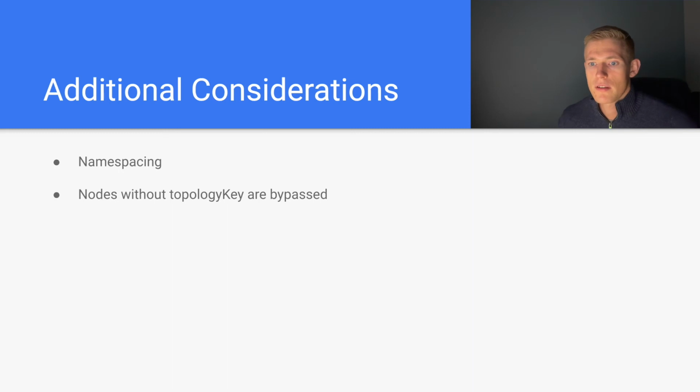Nodes without topology key are bypassed, so if we want a node to be included in our topology that we're using for our topology spread constraint, we have to label that node with the topology key we're using, that particular label that's being used to organize or give a logical structure to the nodes.